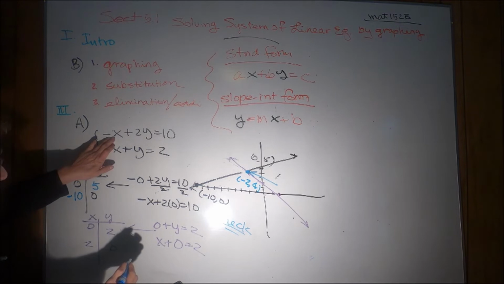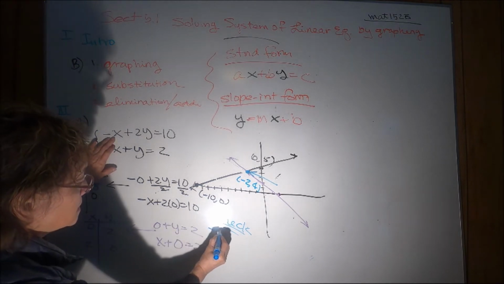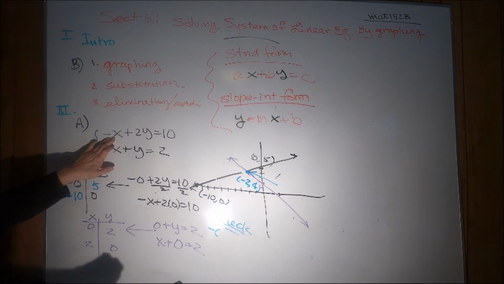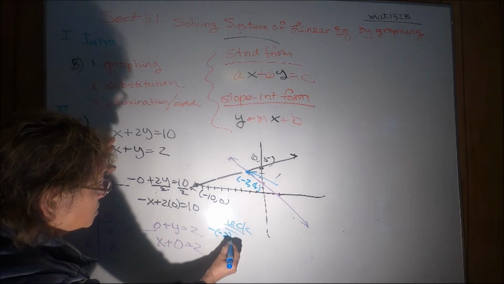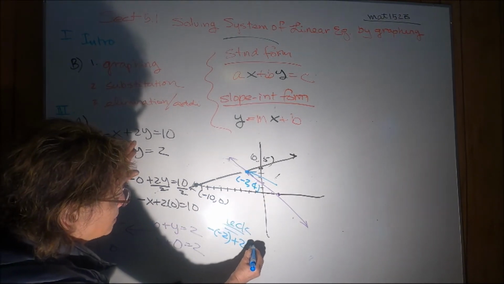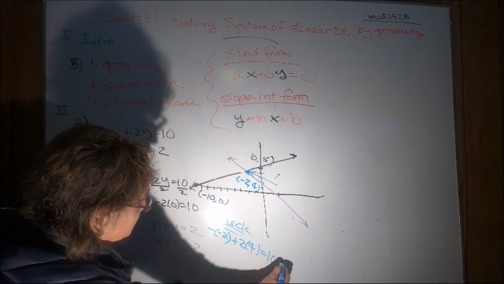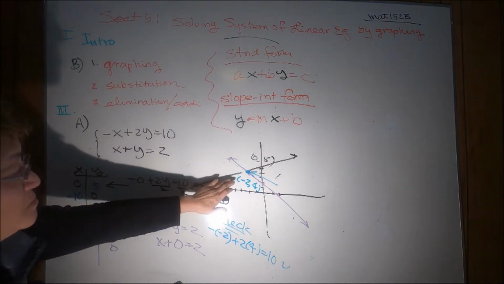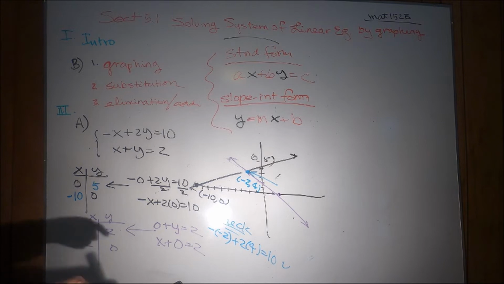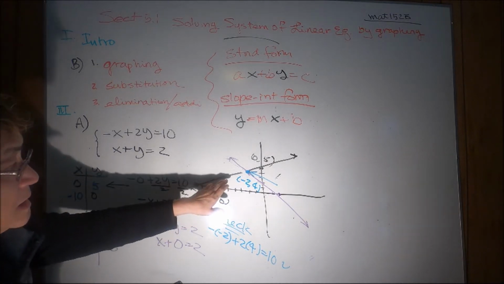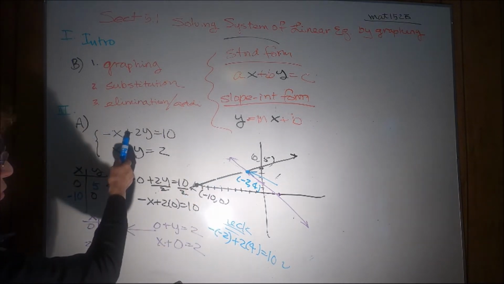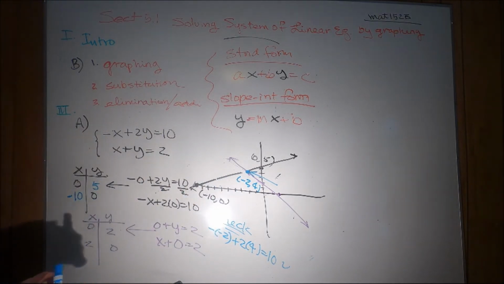For the first one, take a look. See whether or not this point works, right? So x is negative 2, plus 2, y is 4. So added up it is 10 for the first one. Yes, this point will be on the black line, right? If the point is on the line, then it should work for the equation when you plug in.